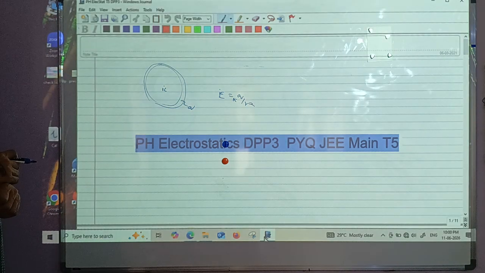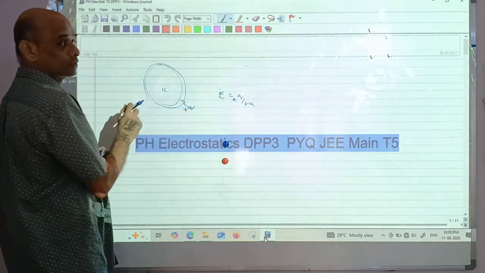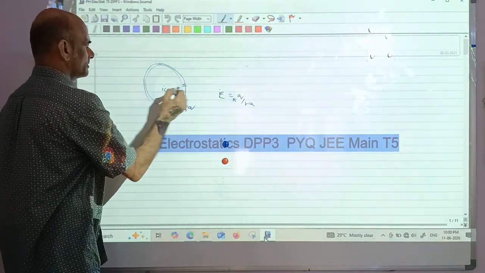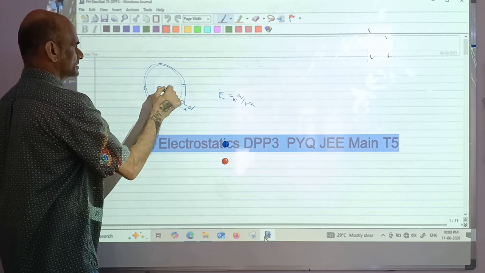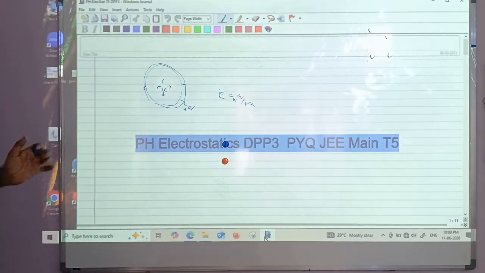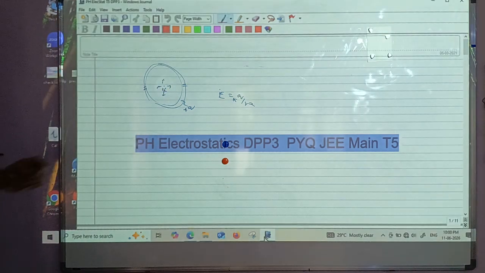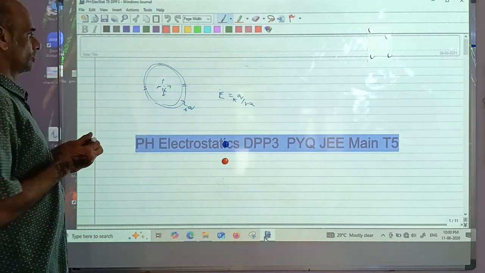Spherical charge, say this is also positive charge. I put 1 coulomb here. Suppose I take a small element here, it will be a repulsive force like this. The opposite element will give a force like this. So all forces will cancel. By symmetry I can see that the field is zero. So the middle point is obvious.